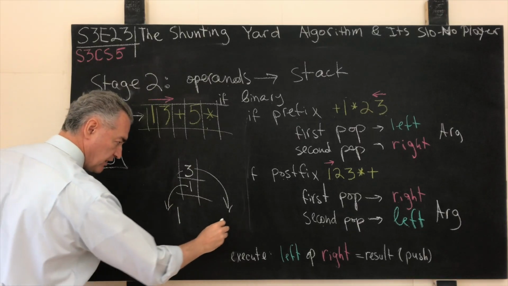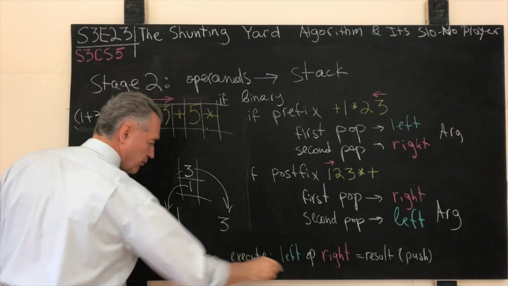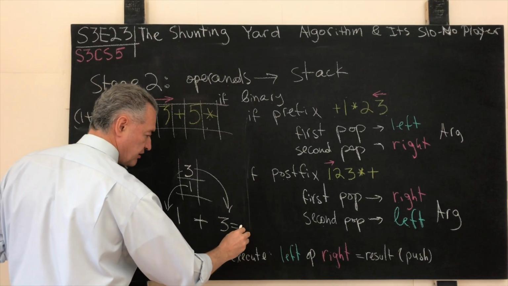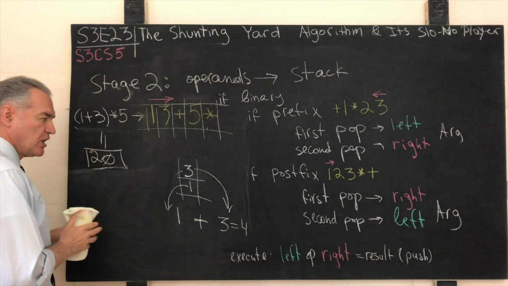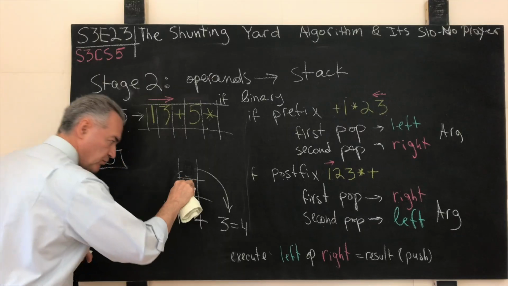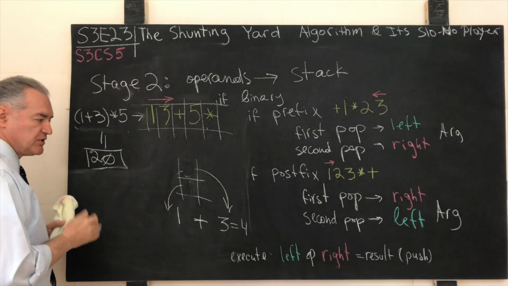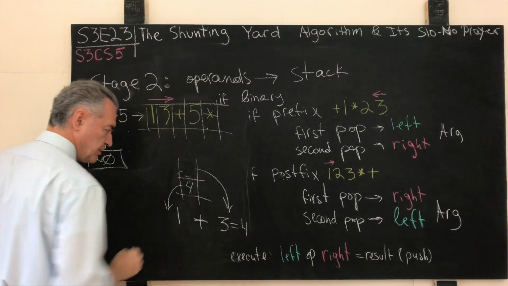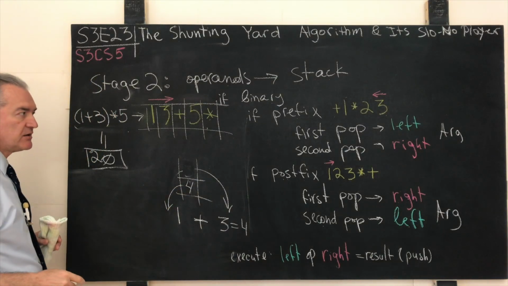So now we have 1, we have 3. Our operator is plus. We know how to carry out this operator. This is equal to 4. Once we popped 3 and then popped 1, the stack is now empty. We produced 4. We push 4 back onto the stack. This is what our stack looks like.